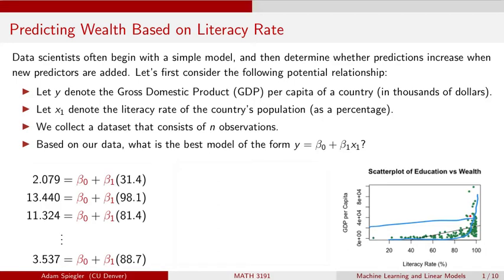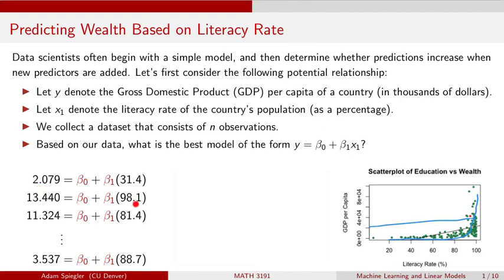So let's imagine that we collect our data and we can organize it in the following way. So this means there is one country that has a literacy rate of 31.4% in my data set, and that country's observed GDP per capita is about $2,000.